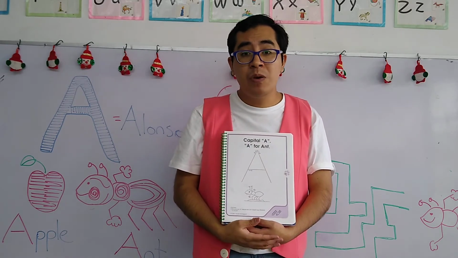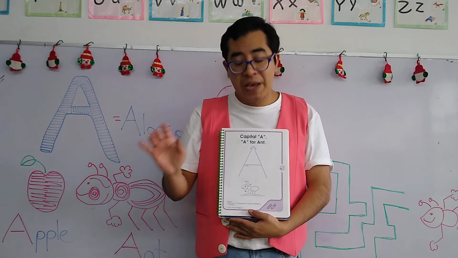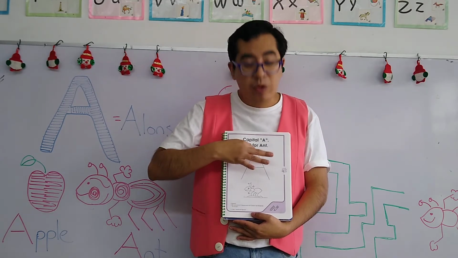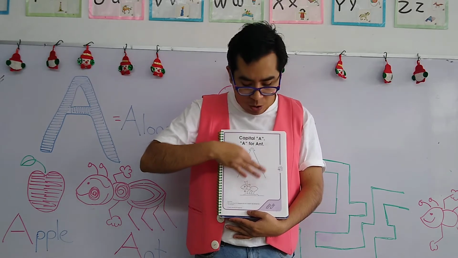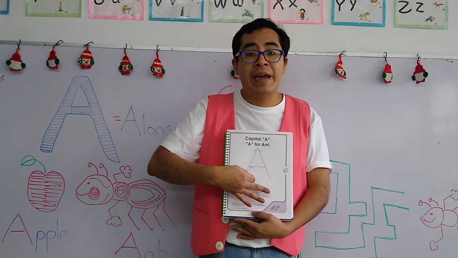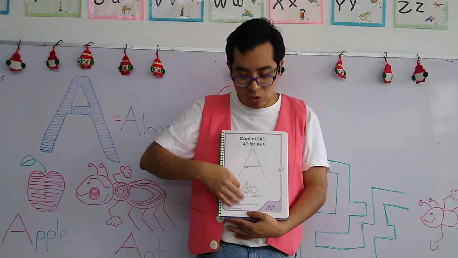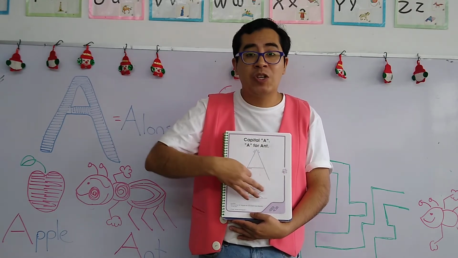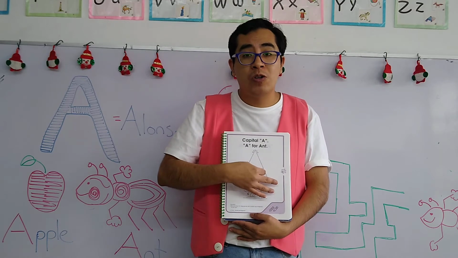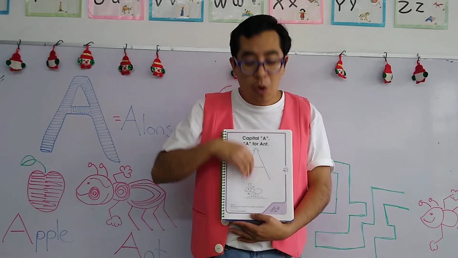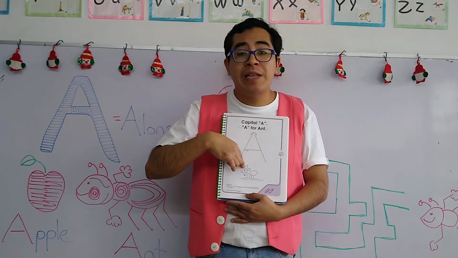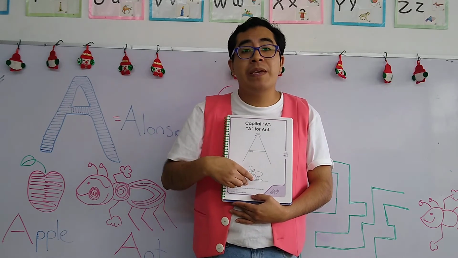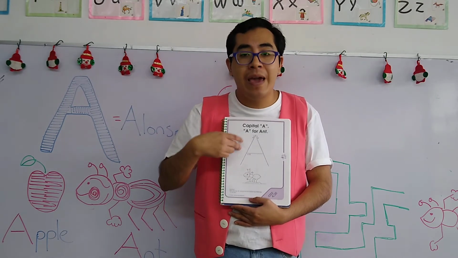So what you have to do is grab your pencil case, and using several colors, you are going to trace, van a remarcar, all of the capital A with several colors, okay? A lot of times, muchas veces, you have to repeat this action with different colors. And once you have finished, under, you are going to paint the ant, okay? Why? Because ant begins with the capital A.